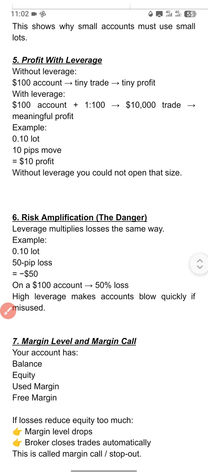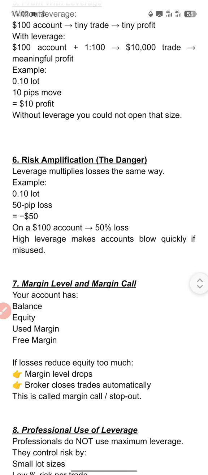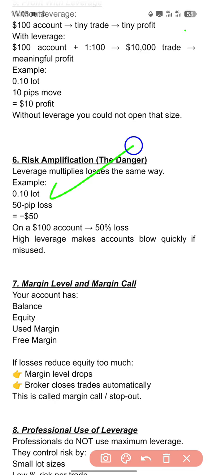Now let's move on to the risk amplification. This is the dangerous aspect of leverage. Leverage multiplies losses the same way. Example, if you are using a lot size of 0.1, and the price moves 50 pips against your trade, or 50 pips of currency depreciation.